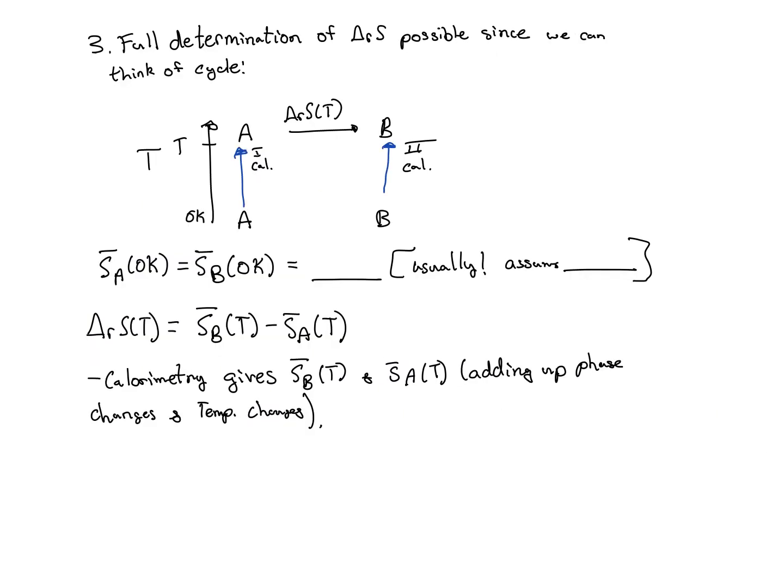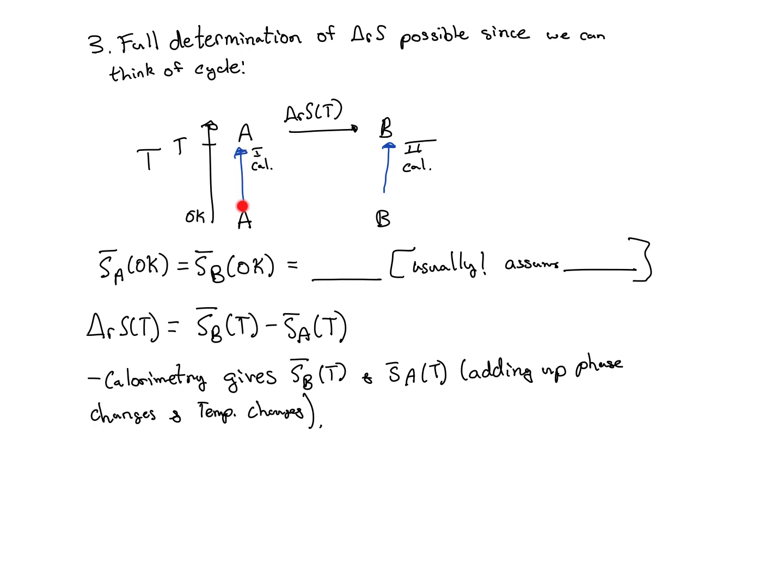Okay, the next thing going on here is that this third law now lets us determine delta S of reaction, because we can think of this sort of cycle, even if we don't actually do reactions in this way. It's a sort of crazy looking cycle where, for a reaction A to B at a given temperature, we can't calculate delta S directly. But I can use calorimetry to put A in a calorimeter, start at 0 Kelvin, and warm it up to whatever temperature I'm interested in.